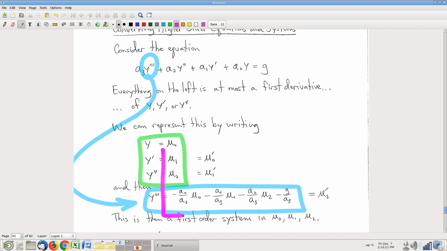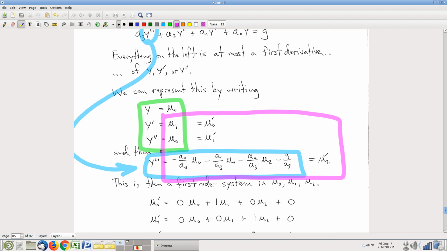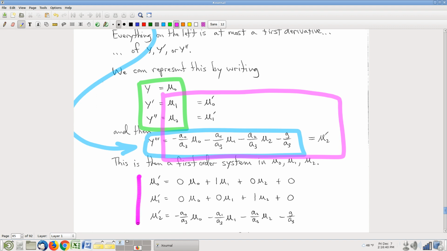Notice now what I have here in purple. I have a first-order system of equations involving the variables u0, u1, and u2. And I can rewrite that system just like this. It's just a rewrite.